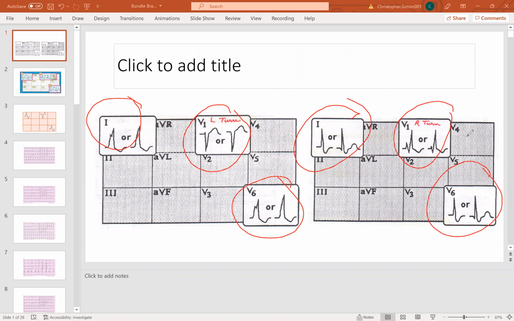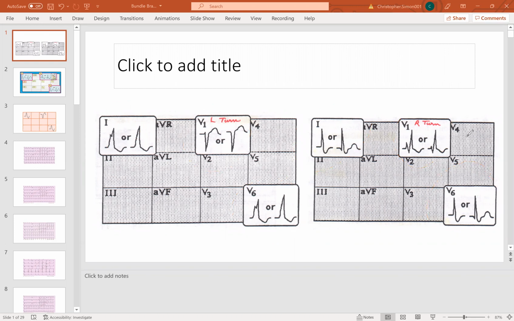So when you're trying to figure out a bundle branch block, okay, you're going to look at V1, lead 1, V6. And then you're going to need to learn the morphologies. So let's back up a second before we start doing bundle branch blocks, right? You always want to have a systematic approach to every EKG, which we've already talked about, okay?